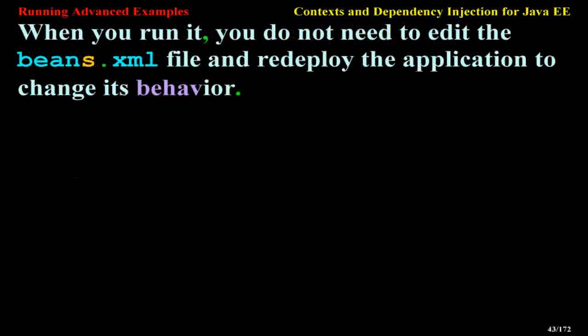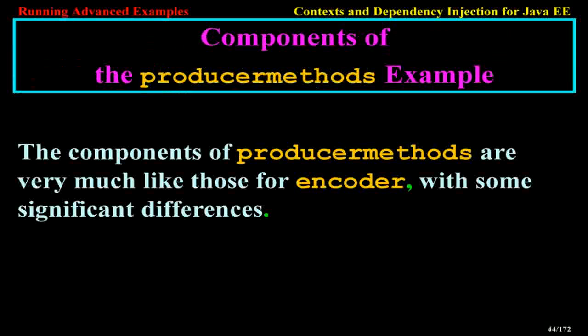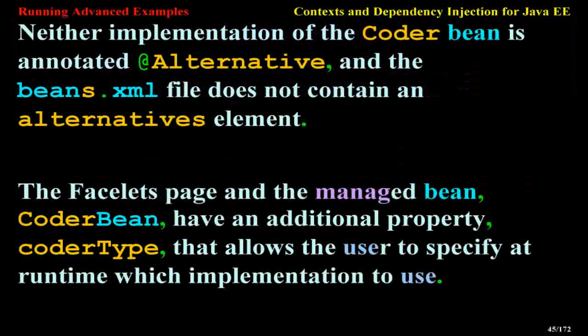When you run it, you do not need to edit the beans.xml file and redeploy the application to change its behavior. Components of the producer methods example. The components of producer methods are very much like those for encoder, with some significant differences. Neither implementation of the coder bean is annotated @Alternative, and the beans.xml file does not contain an alternatives element.